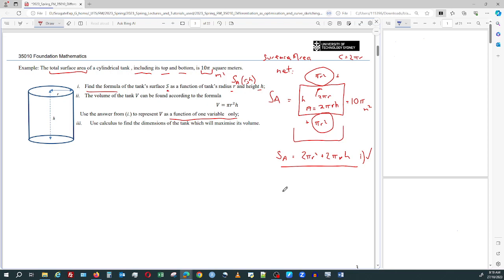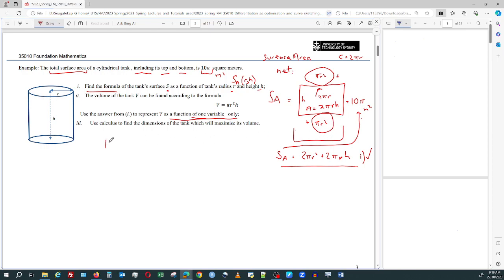So what we can do, we can go on a bit of an information gathering thing here now. Because we know this is the answer, we can use both equations to help us make a substitution. Now, it wants one variable only, so we'll have to make a decision at some point. But initially what we're going to do is assign this 10 pi.